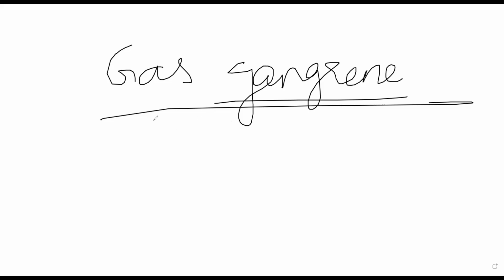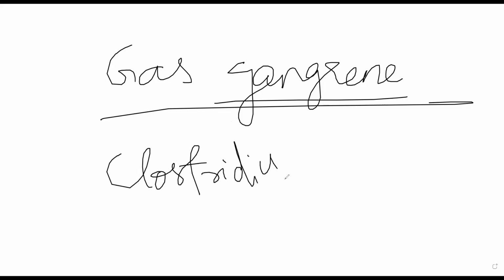So what will happen is generally, most often than not, Clostridium perfringens is the one that is causing this. Okay. Clostridium perfringens will start producing toxic gas that will start affecting other nearby organs as well. Okay, it might interfere with your own circulation. It might start affecting your overall health as well.